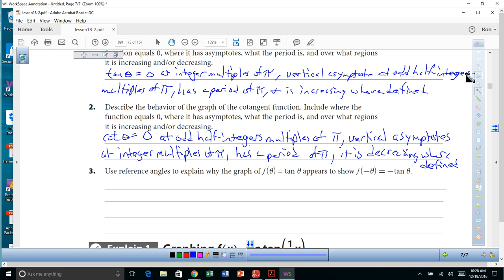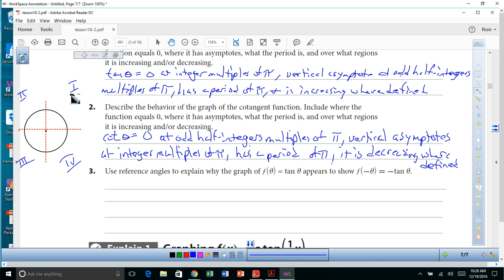Let's just draw one real quick and let me show you. Let's draw something so we know what we're talking about. Here in quadrant 1, quadrant 2, quadrant 3, quadrant 4.